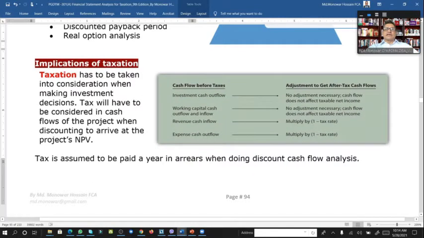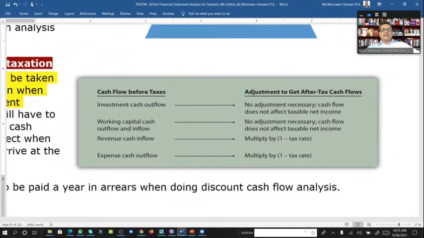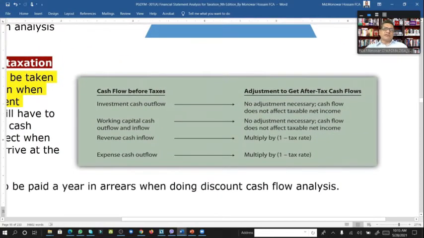Tax implication: taxation has to be taken into consideration when making an investment decision. Tax will have to be considered in the cash flow of the project when discounting to arrive at the projected NPV. So how do we calculate it? This is the template of tax adjustment.